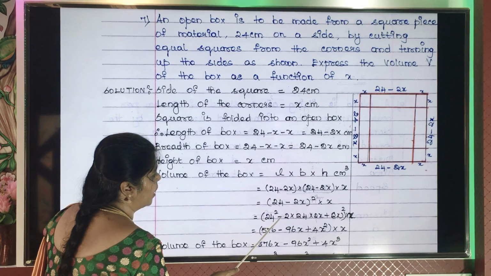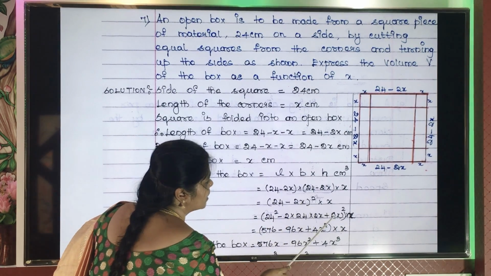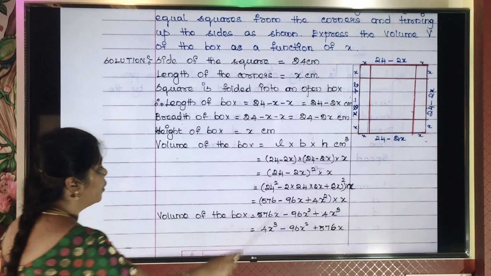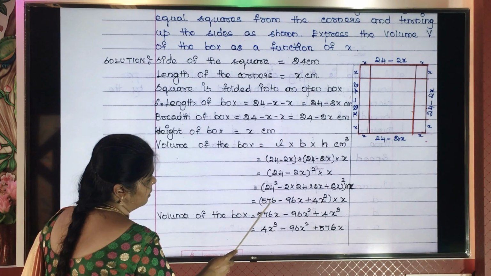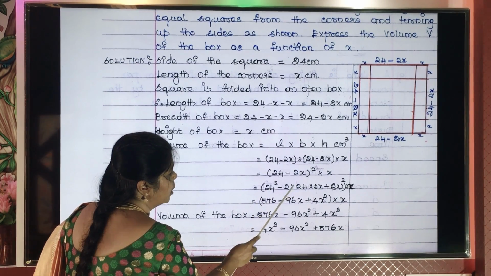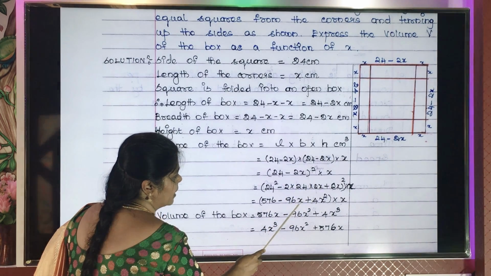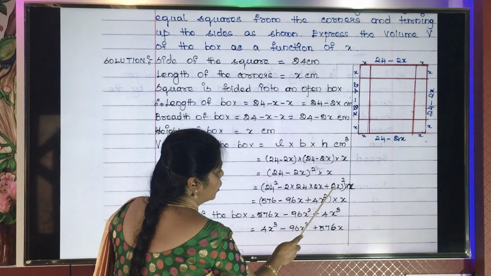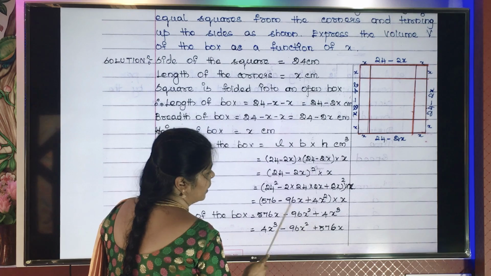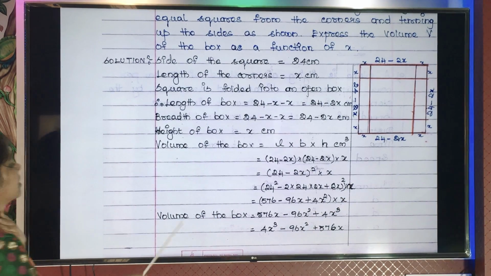So 24 squared minus 2 into 24 into 2x plus 2x the whole squared into x, I have written at the back. 24 squared is 576. 24 into 24, 576, minus 2 into 24 into 2 becomes 96, and this x I have written, plus 2 squared is 4, x squared is x squared. Put it within the bracket into x. Now what are we supposed to do?